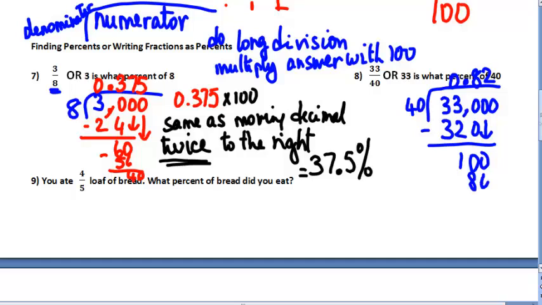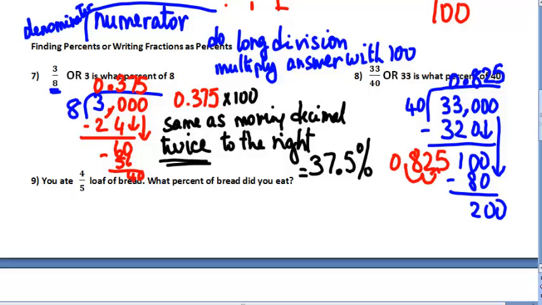Twice, 80. Subtract, 20, bring the 0 down. And 5. So in this case, I end up with a decimal of 0.825. Again, either move it twice or multiply by 100. It's the same, and with an answer of 82.5%.